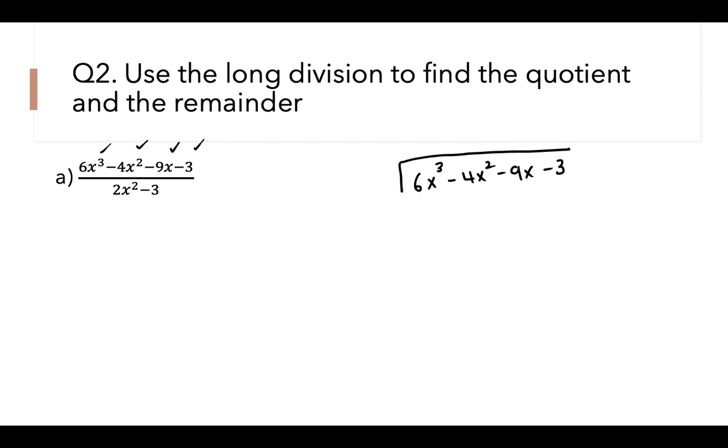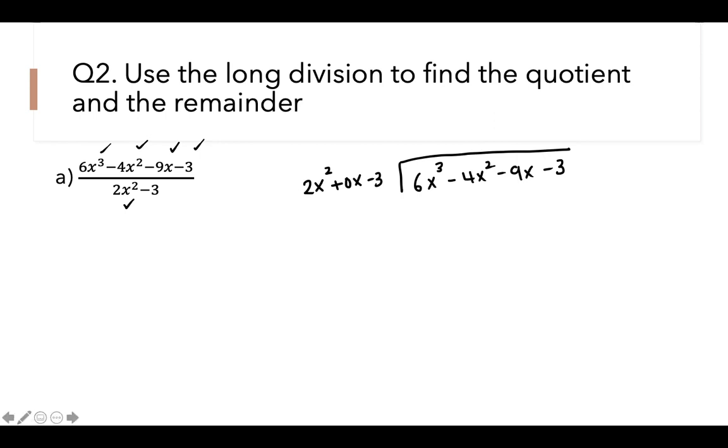Now, unfortunately, the divisor has a degree of 2 and is missing a degree of 1. So what I would recommend is you fill it in: 2x squared plus 0x minus 3. It will help you in the long run.